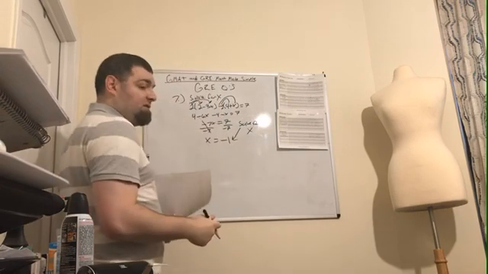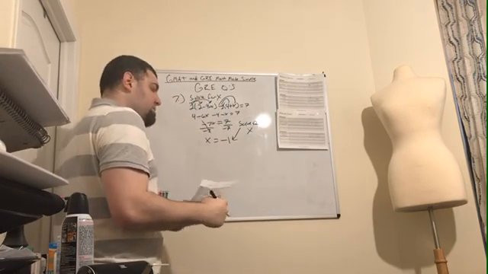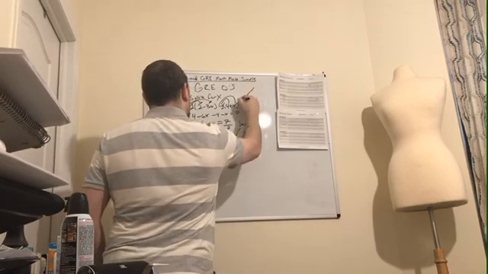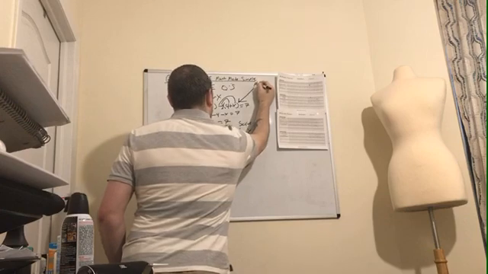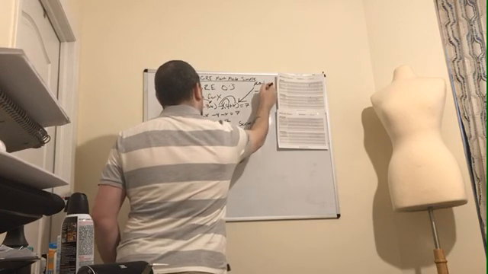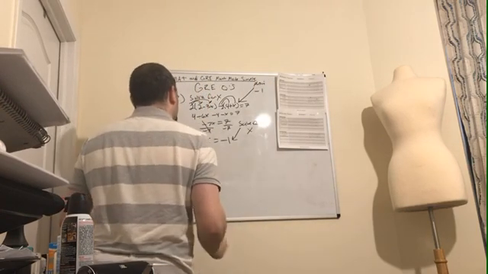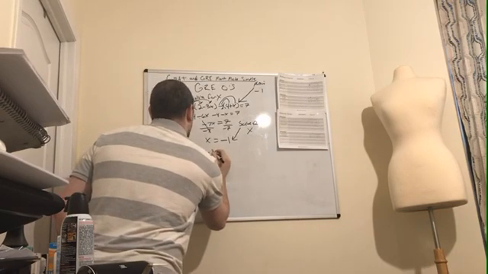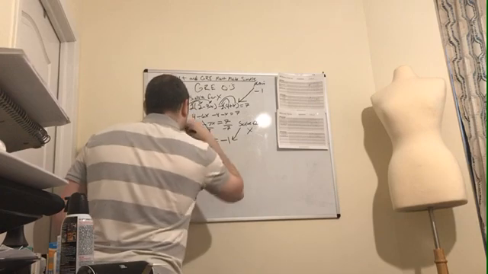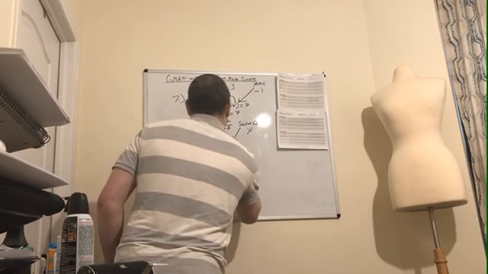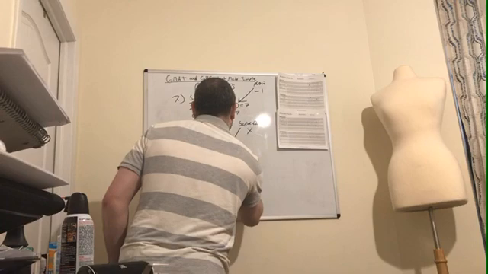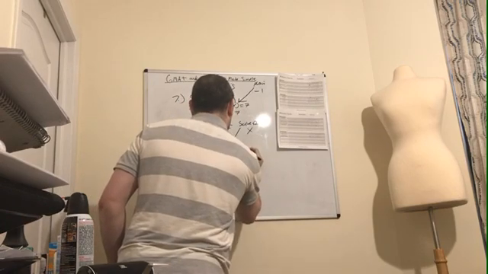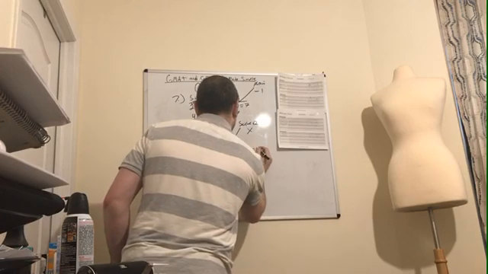Now, if it asks you to do more work and to prove it, what you have to do is take this original equation and plug in negative 1. So we have 2 times (2 minus 3 times negative 1) minus (4 plus negative 1) equals 7.